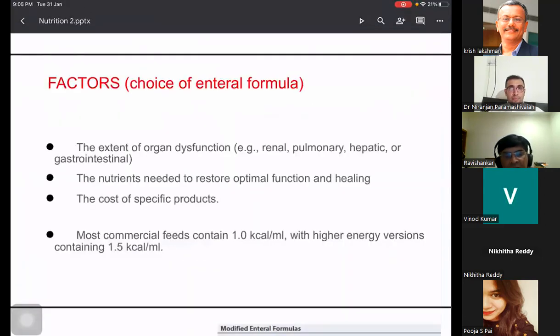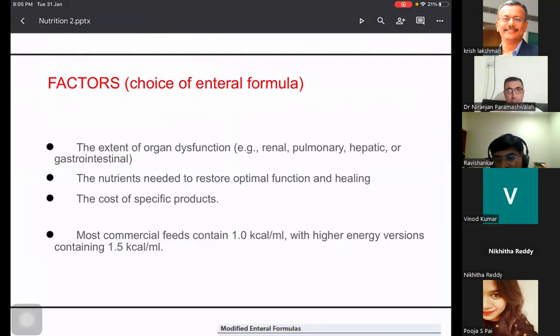Sir, you have put all the factors which are very important: the patient's general condition, and renal, pulmonary, hepatic, GI, and cardiac status as well. You also have to take into consideration how you are feeding, for example whether the upper gastrointestinal tract is being used, or the mid GIT or lower GIT.